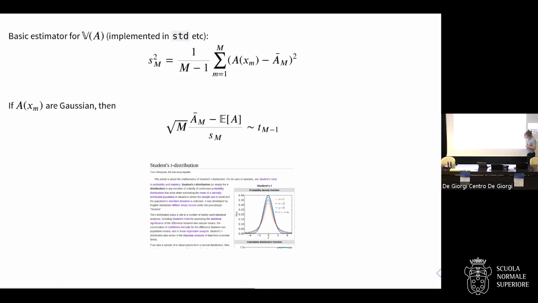You go to your favorite free online encyclopedia and look up the distribution, which I think is what everyone does when they discover a new distribution. You can see that it looks a lot like a Gaussian distribution.